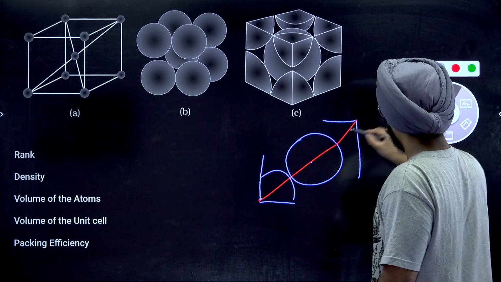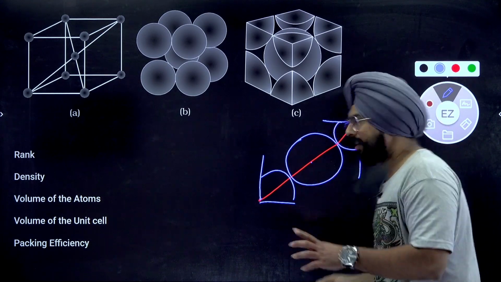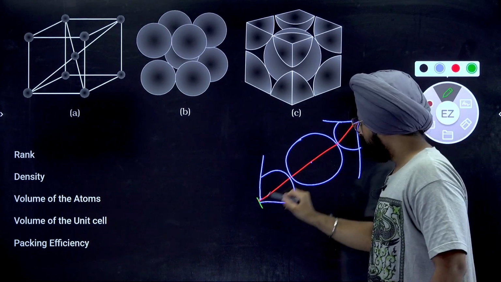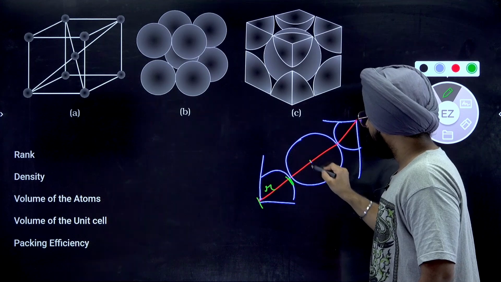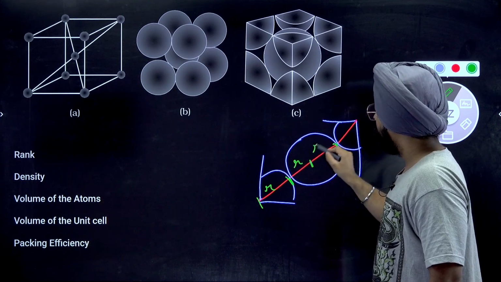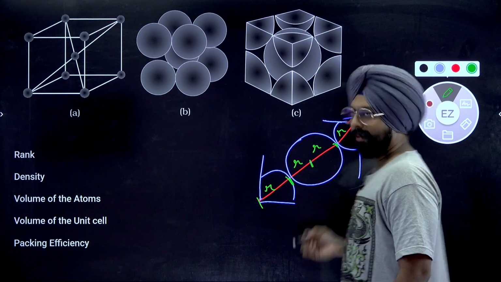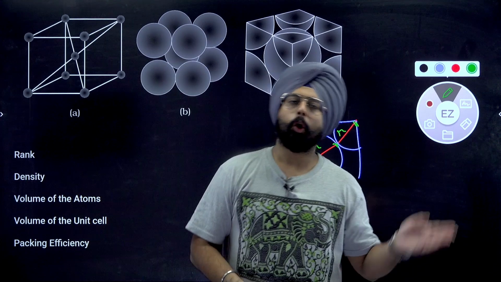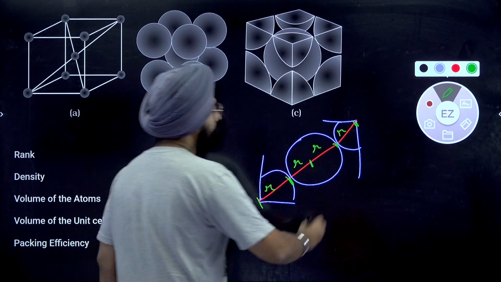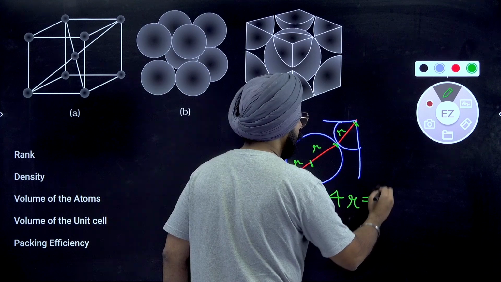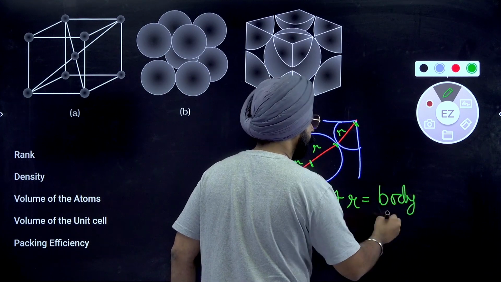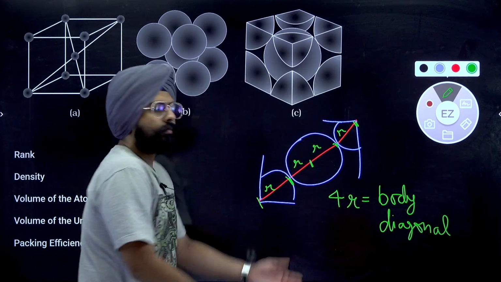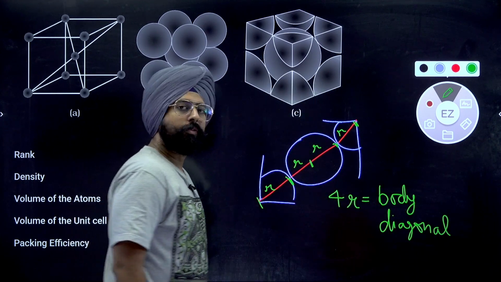Then there's one atom over here. So now do you see how many radii are there on one body diagonal? 1, 2, 3 and 4. Like in the case of face-centered cubic, 4 radii were there on the face diagonal. Over here, 4 radii are there on the body diagonal. Simple. Now we need to figure out the length of the body diagonal.